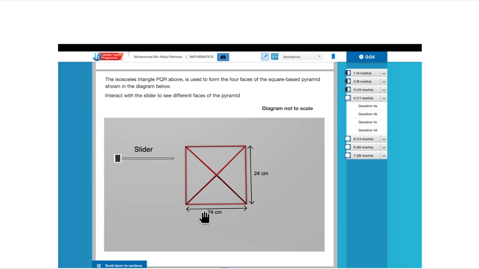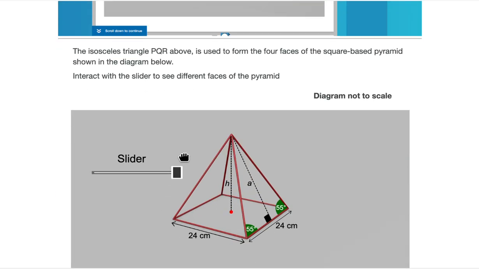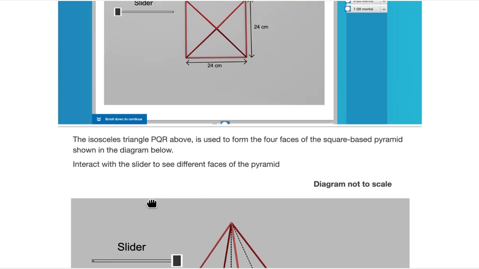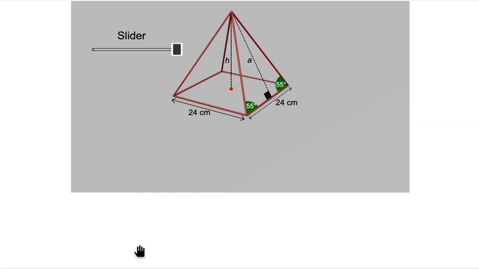The isosceles triangle above is used to form the four faces of a square-based pyramid shown in the diagram below. Interact with the slider to see different faces of the pyramid. One is the aerial view and the other is the concave view from below.